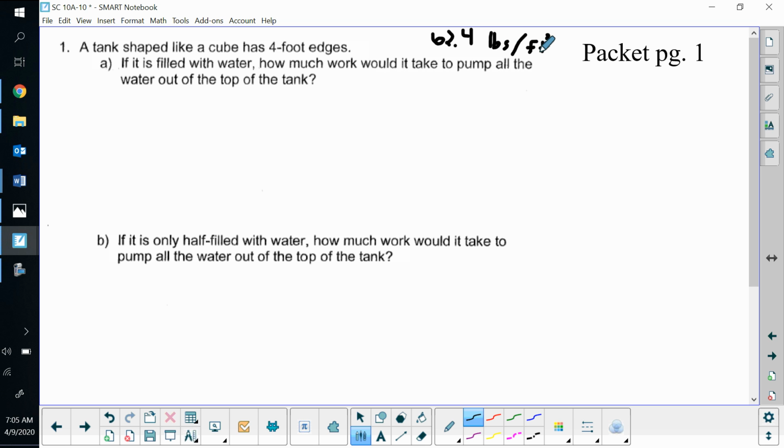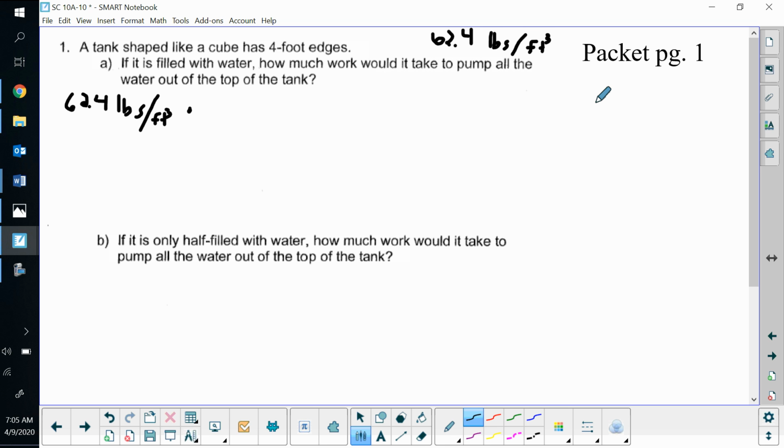But we have pounds per feet cubed. So if we have 62.4 pounds per feet cubed, we need to multiply that by a feet cubed in order to turn that into pounds and make it just be a force. A feet cubed is a volume measurement. We are going to multiply by the volume of a slice of water. Whenever we do integrals, we're really slicing it up into small parts.